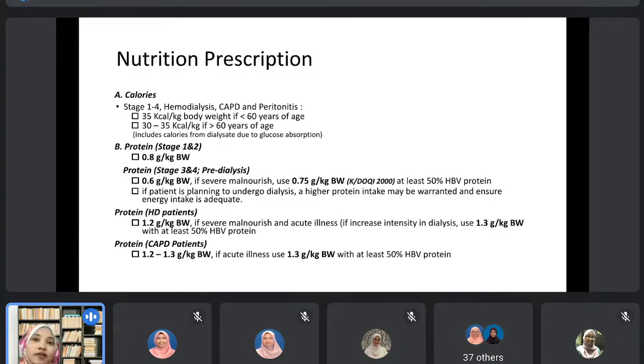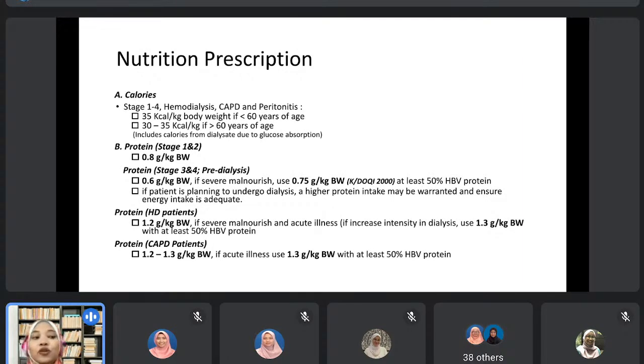So phosphorus level is one of the biochemical profiles that you need to take into consideration and monitor for renal patients. Usually when we limit or increase the protein intake, the phosphorus level also needs to be looked into. And for renal patients, we usually have to control their sodium.